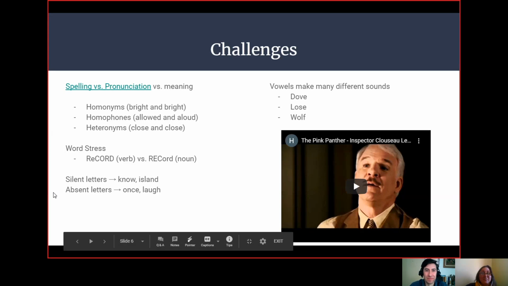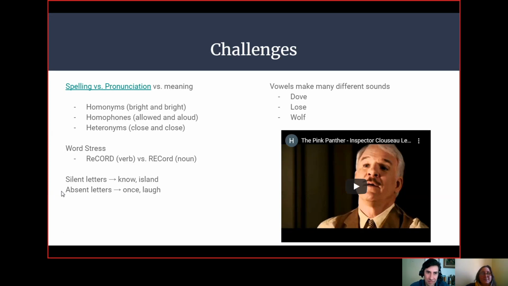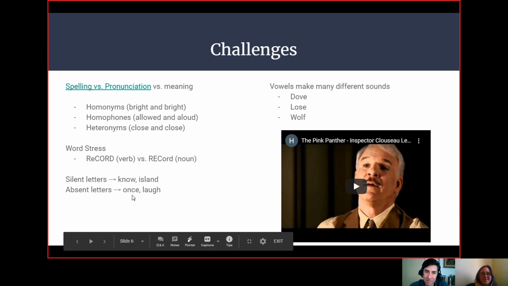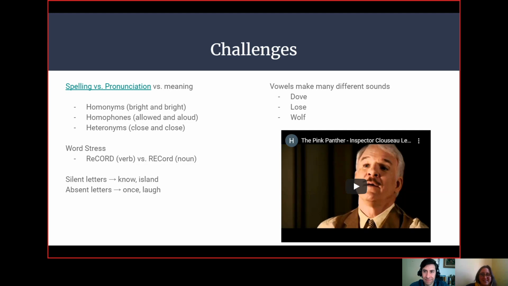And another even more difficult one, I think, are these absent letters. This is when we pronounce a letter that isn't in the word at all. So the first word, once, we pronounce it with a W sound, even though there's no W in the word. And the second word, laugh, we put the F sound on the end of the word.